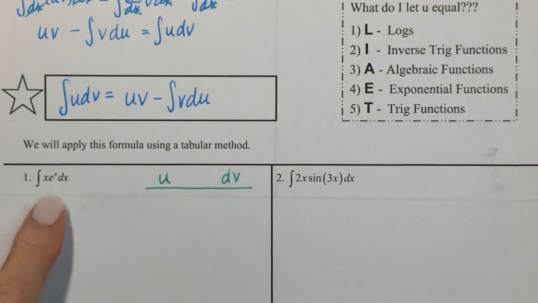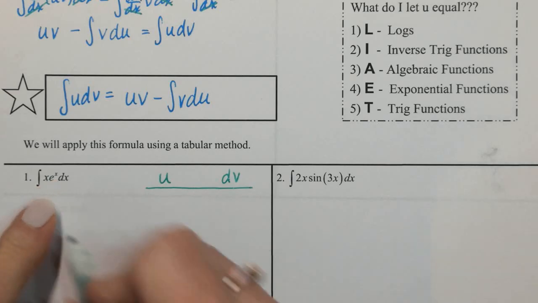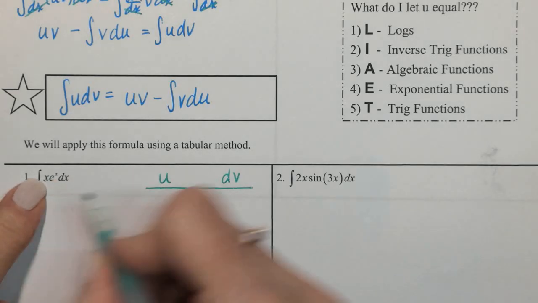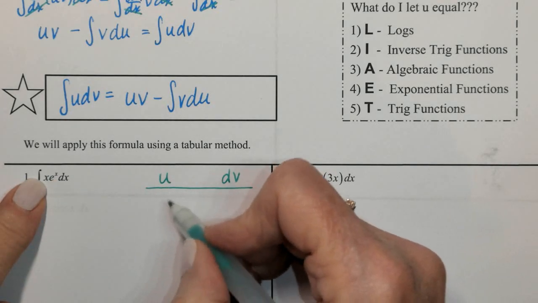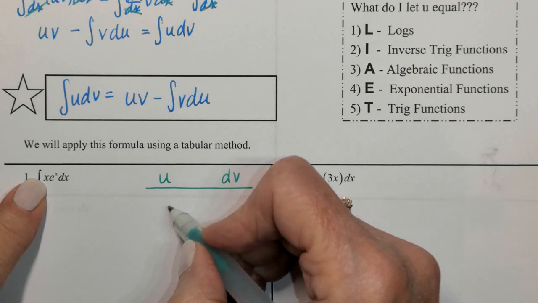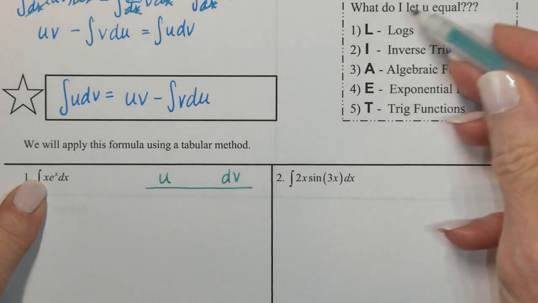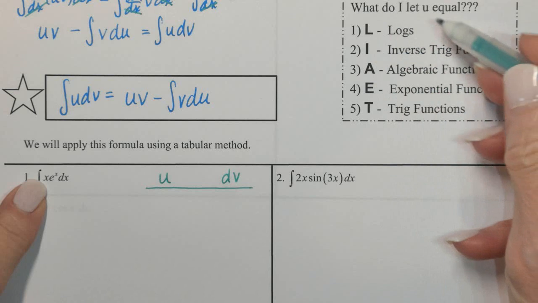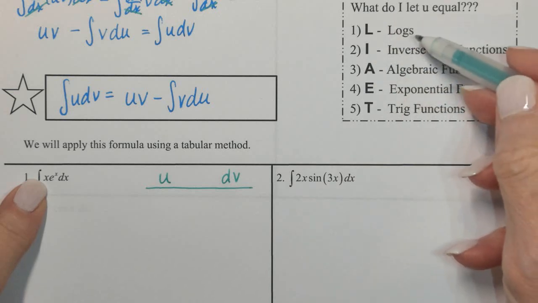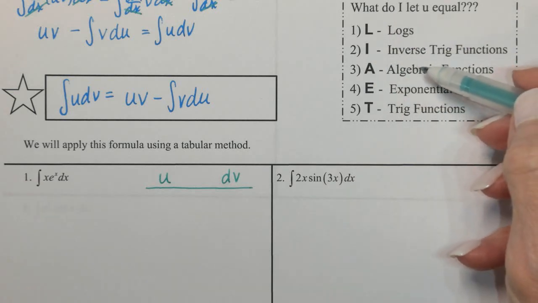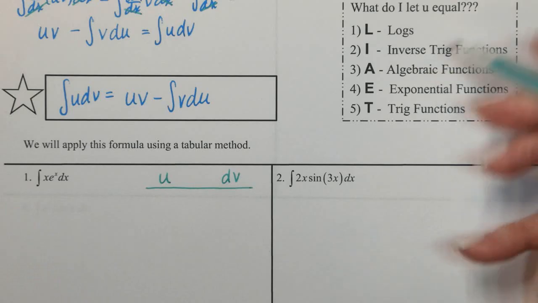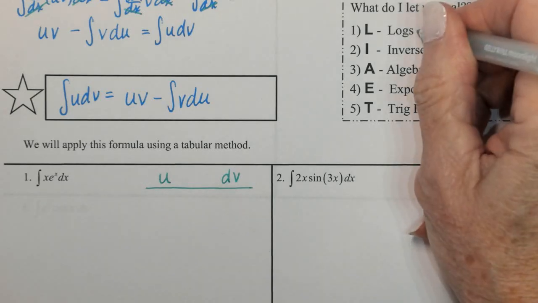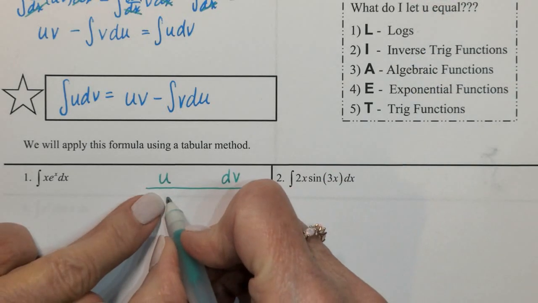So the question is what to let u be. What should we let u be? And I created this little rule for what to let u be. If there's a log, then you let that be your u.